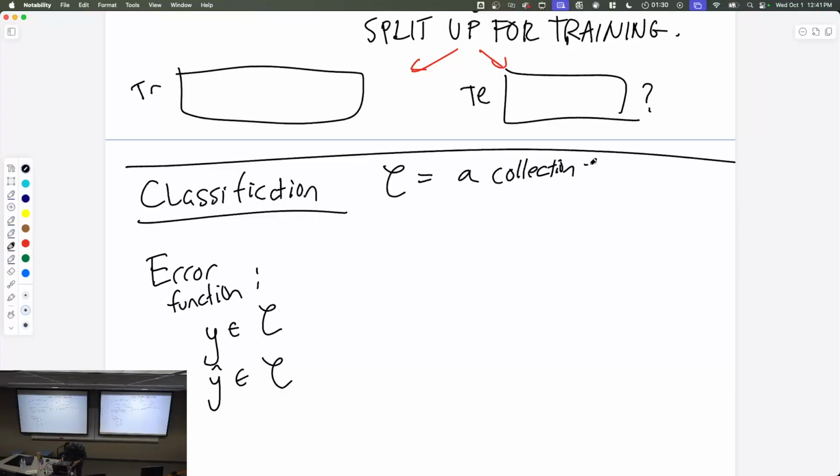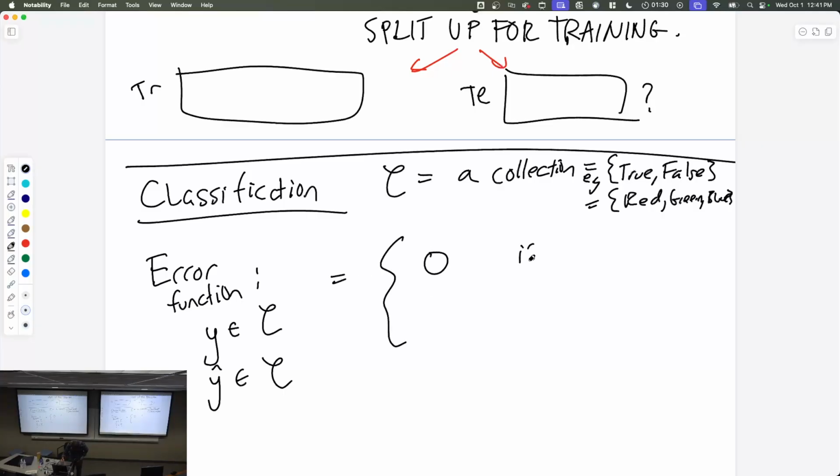I think thinking of it as true or false is a nice example. You're trying to say if something is true or false, or maybe there are three classes, red, green, or blue, and you're trying to say what color a thing is. The error function we're going to use checks whether they are equal. If they are equal, you get 0 loss, and you get one bad point if they are not equal.